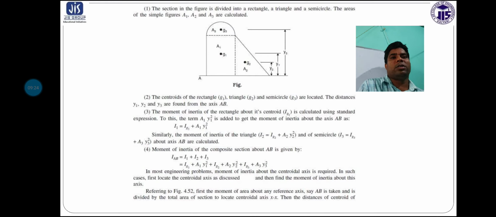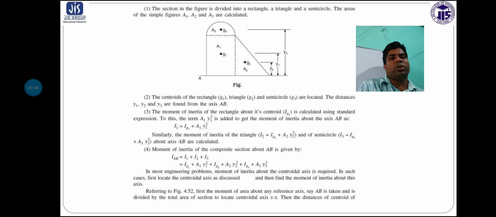The areas of the simple figures A1, A2 and A3 are calculated. Number 2, the centroids of the rectangle G1, triangle G2 and semicircle G3 are located. The distances y1, y2 and y3 are found from the axis AB.